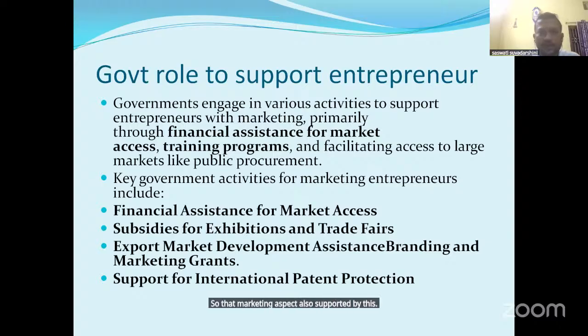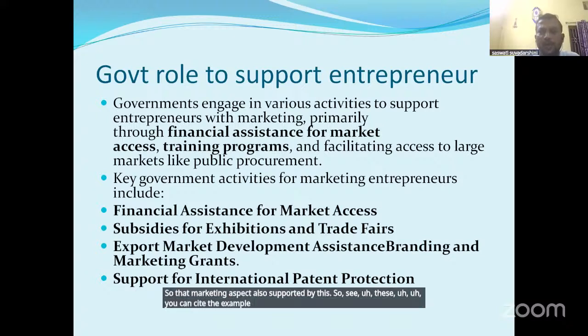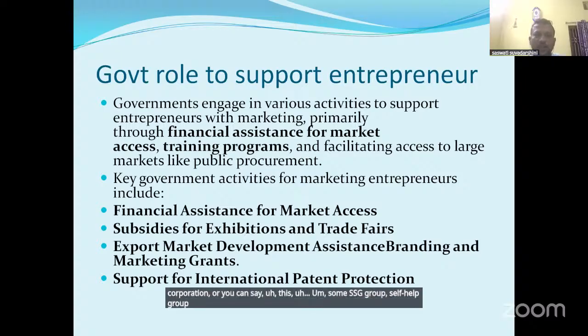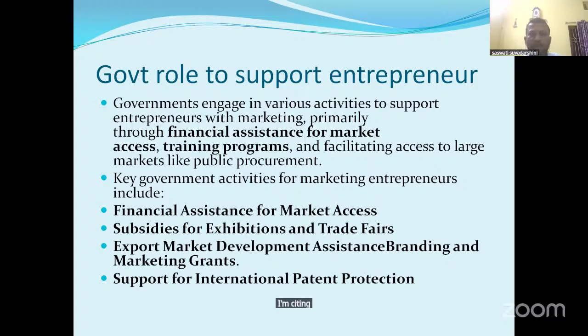So see, you can cite the example of NGOs, non-governmental organizations, corporations, or you can say some SHG, self-help groups, how they are starting their startup and making business. I'm citing an example in Salia Sahi Basti in Bhubaneswar. One SHG has 4 or 5 autos.